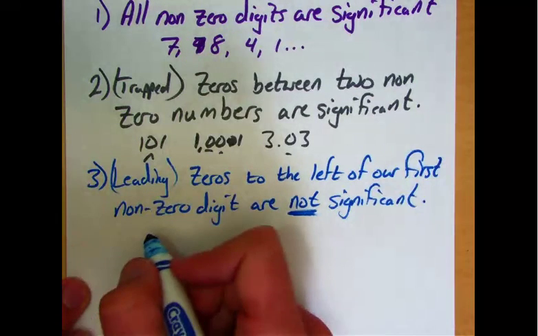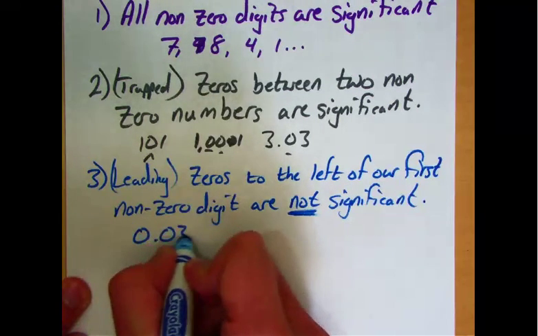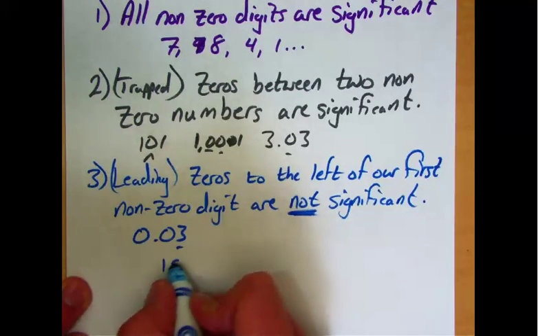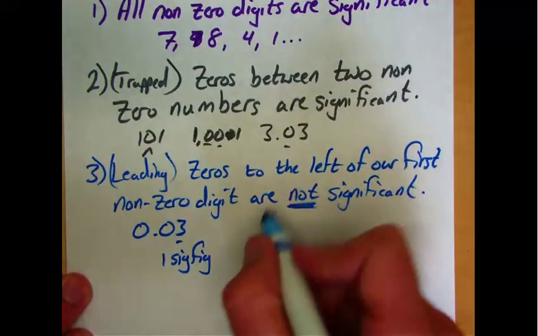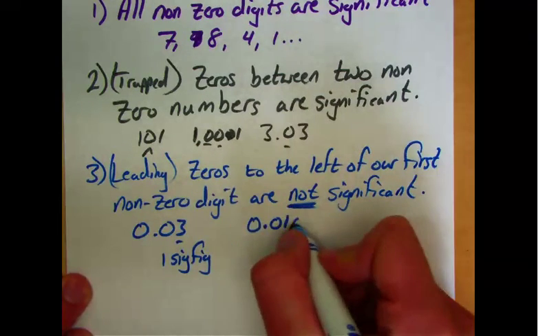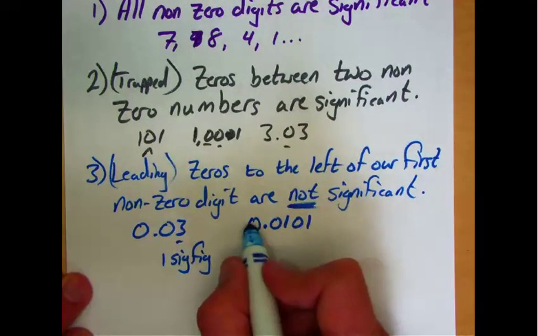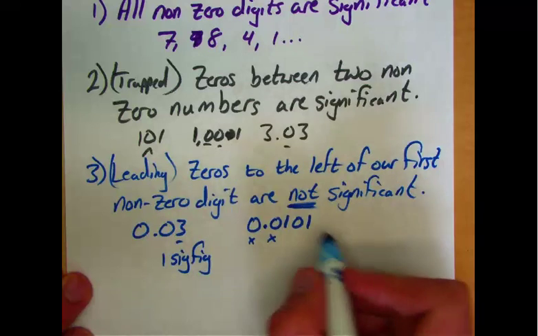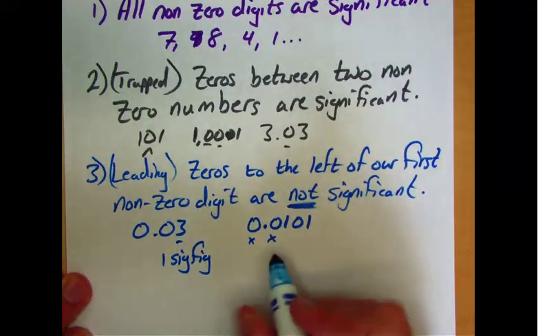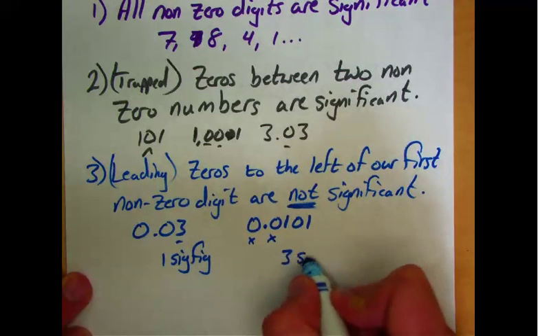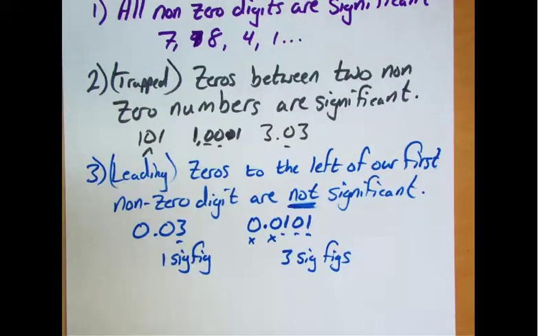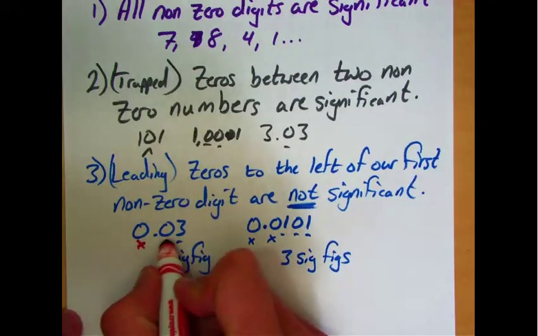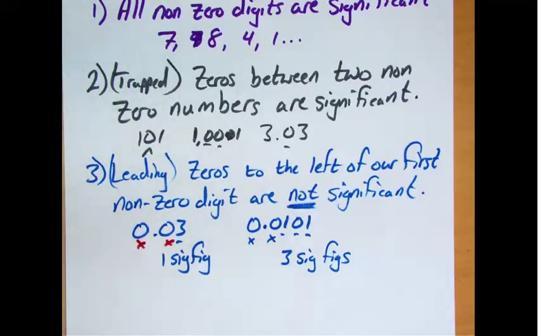So that means, for example, the number 0.03 only has 1 sig fig. The number 0.0101, this is not significant, this is not significant. Now this one right here, this is a trapped 0, so this has 3 sig figs. So these 3 are significant, these 2 are not. Perfect. All right, so we've got leading zeros, we've got trapped zeros.